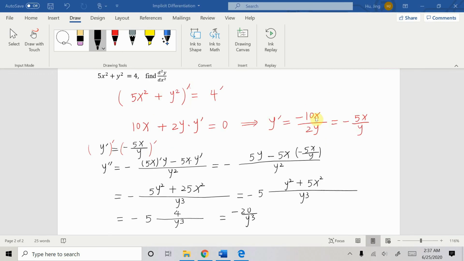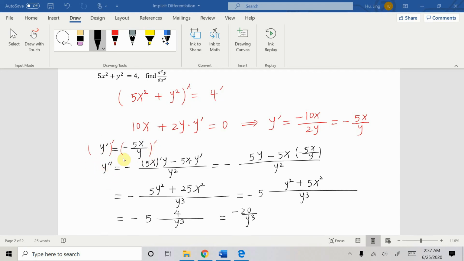Okay, after we get the first order derivative, y prime equals negative 5x over y, we copy it here. Then on both sides of the equal sign, we do this fancy same derivative operation again. Then the left side is just the second order derivative.